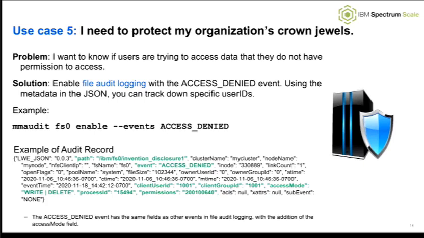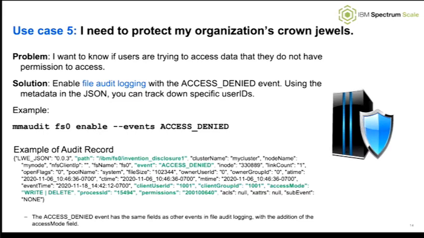This file has really sensitive data, and you want to keep track of any irregularities that might be happening on the file, like users trying to access that file when they shouldn't. So using, for example, a SIEM solution, IBM QRadar as an example, you can set rules to alert you whenever a user attempts to access the file they are not allowed to access, if you are feeding these audit records to that SIEM solution.